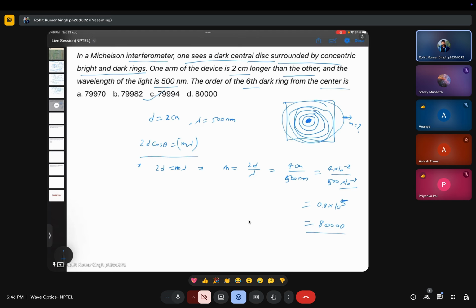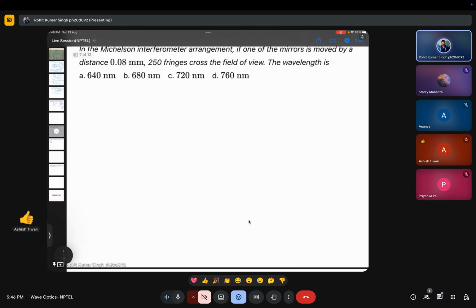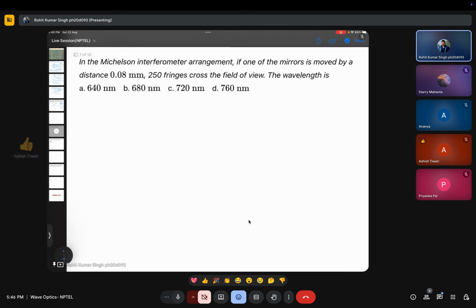Okay, let's go to the next problem. In the Michelson interferometer, if one of the mirrors is moved by a distance 0.08 mm, 250 fringes cross the field of view.